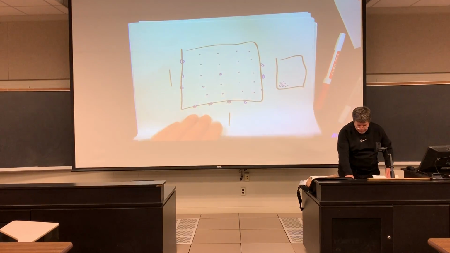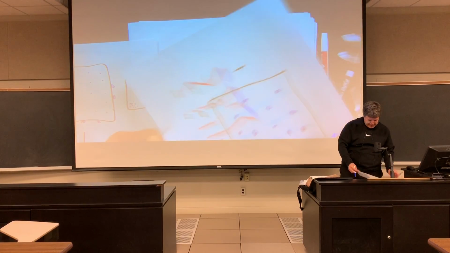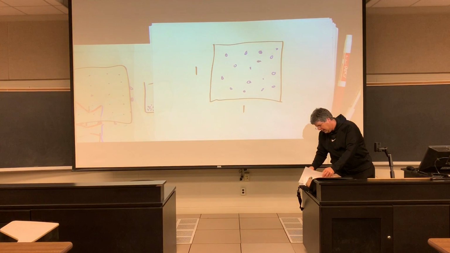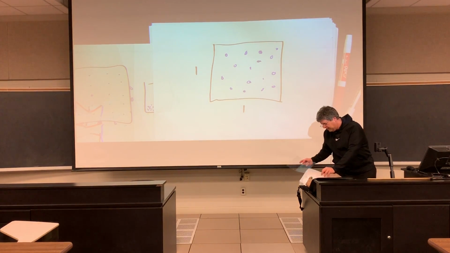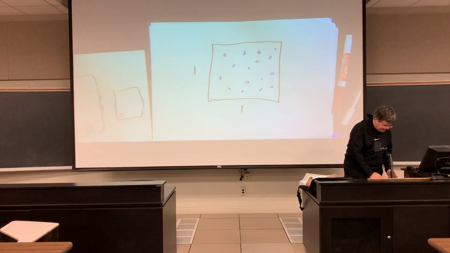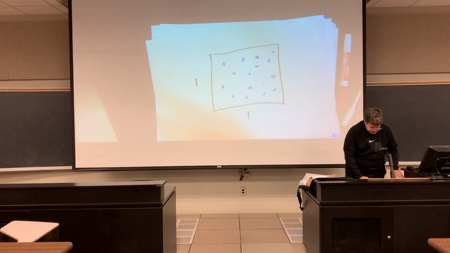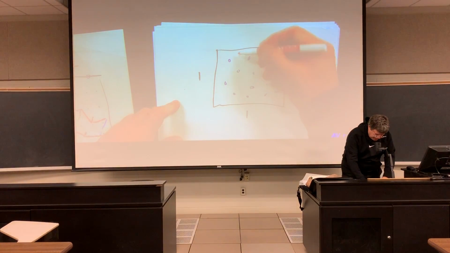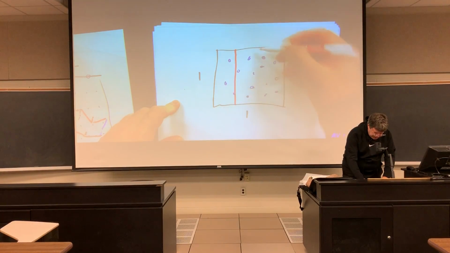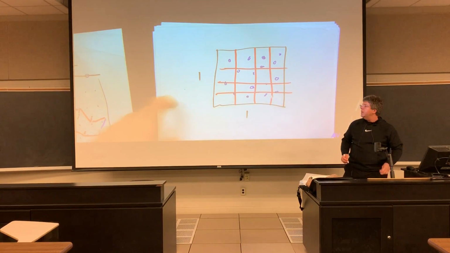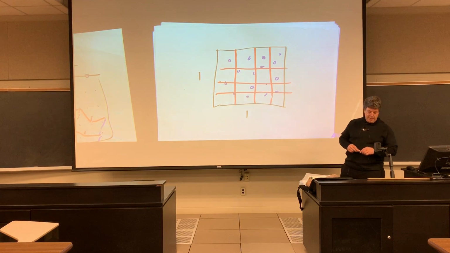So here's how we're going to prove this. What we're going to do is partition the point set into square root of n strips in both directions, but equally spaced now.